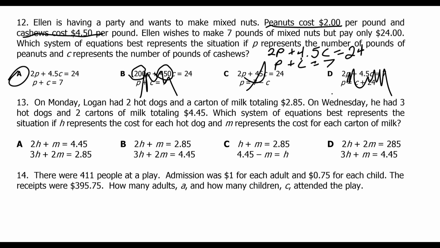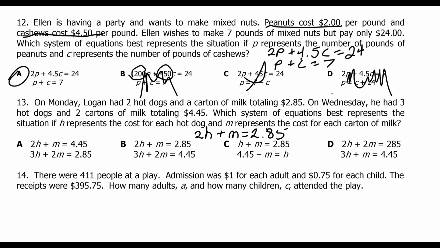So, let's find out. 2 hot dogs and a carton of milk, that's going to be 2H plus M needs to equal 285, and I got that simply by going 2 hot dogs plus a carton of milk, totaling 285.